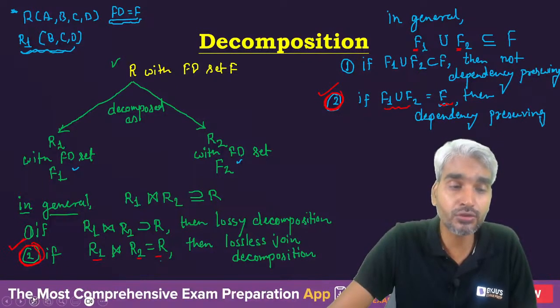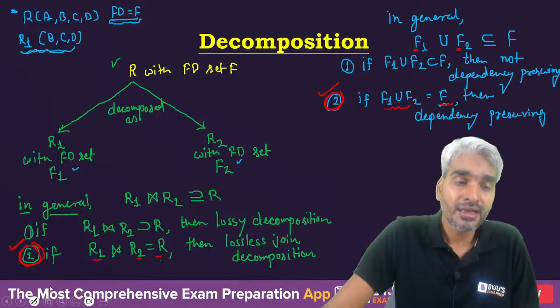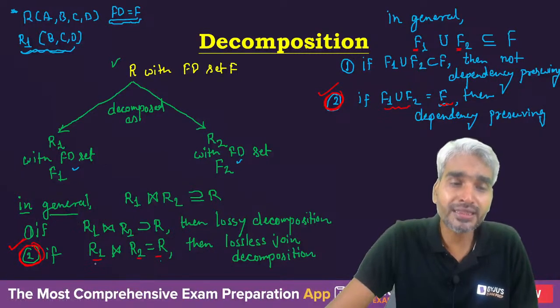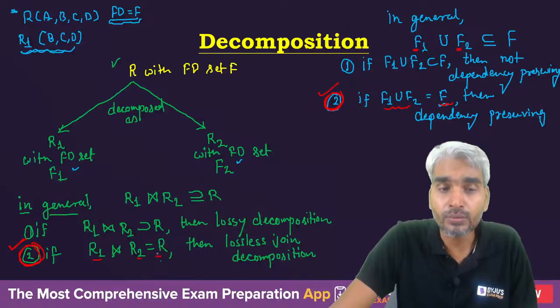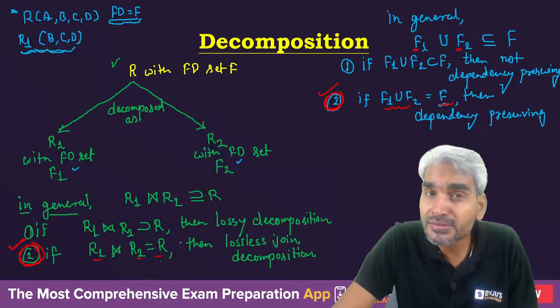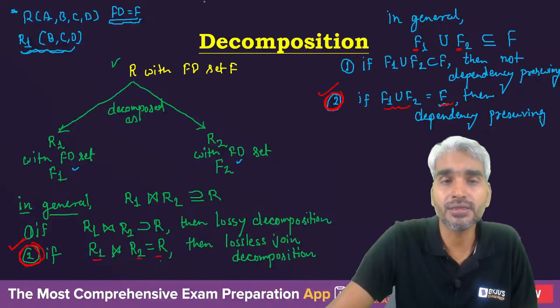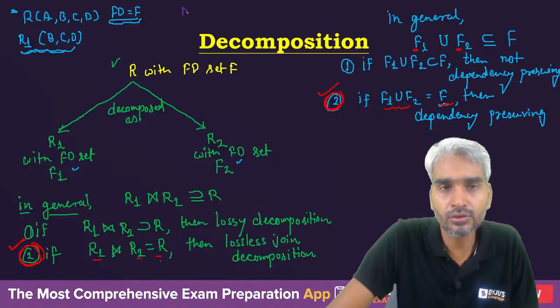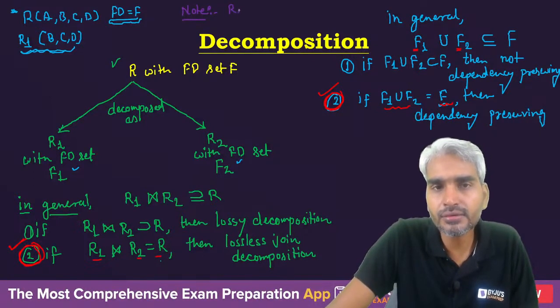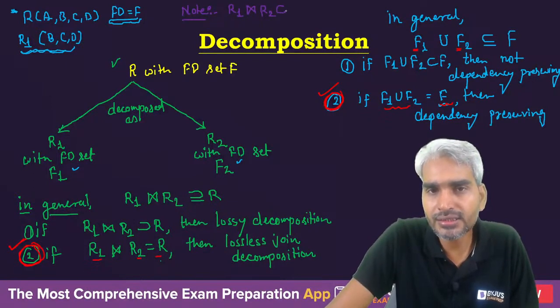Now what you need to understand is, is it ever possible that the natural join of R1 and R2 is a proper subset of R? No, it is not possible.